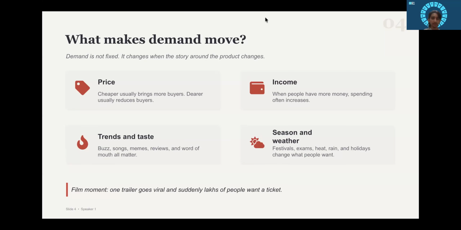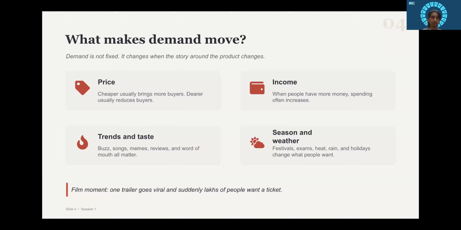Now, demand isn't a fixed number and it moves around constantly. And it moves because of four main things. The first is price. The cheaper something is, the more people show up to buy it. But when things become more expensive, fewer people want to buy it. The second one is income. When people have more money to spend, they're able to spend more freely and buy more things. The third one is arguably the most important, which is trends and taste.